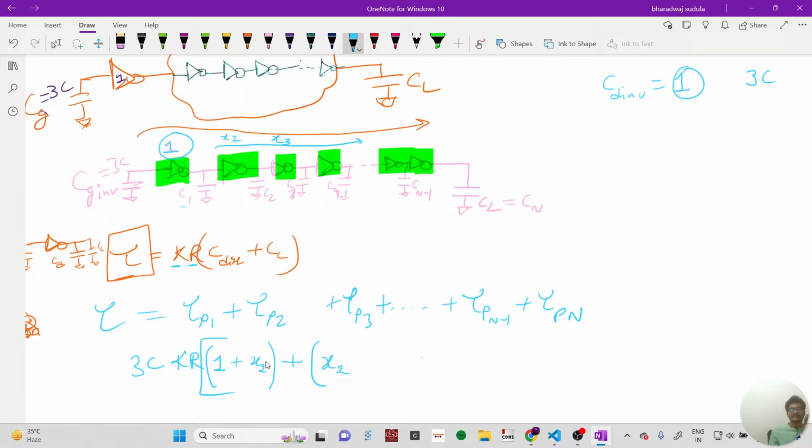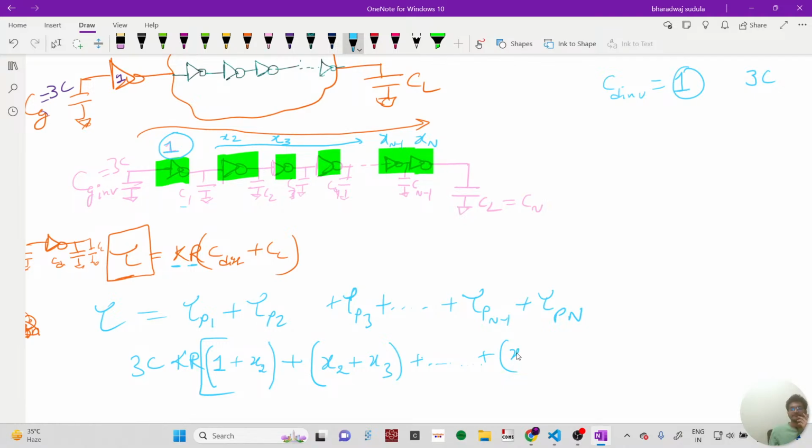So x2 multiplied by C diffusion inverter has already been taken out as common for everything, since it is a chain of inverters with no other logic gates. So x2 is the diffusion cap of this one, and the load will be x3. So x2 plus x3, and so on. The second gate is x2, so the nth gate will be xn, and this will be xn minus 1.